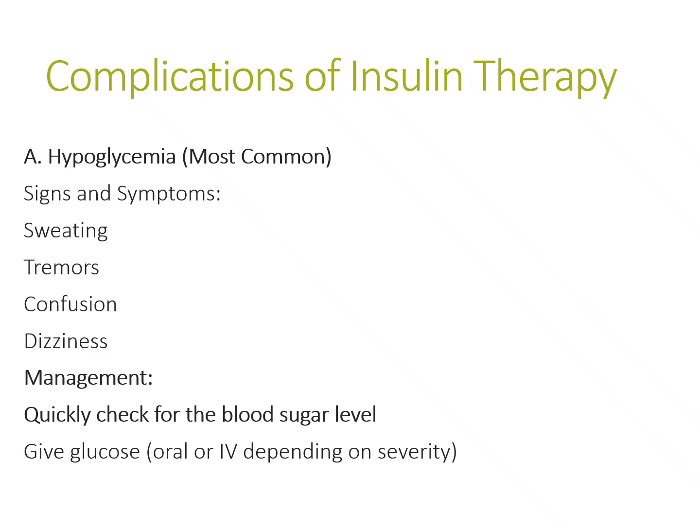So the management is specifically to start giving glucose at that point in time and then quickly monitor the blood sugar to be sure that it's hypoglycemia. So you give oral glucose or IV 50% dextrose bolus, depending on the severity of the state at that point in time.